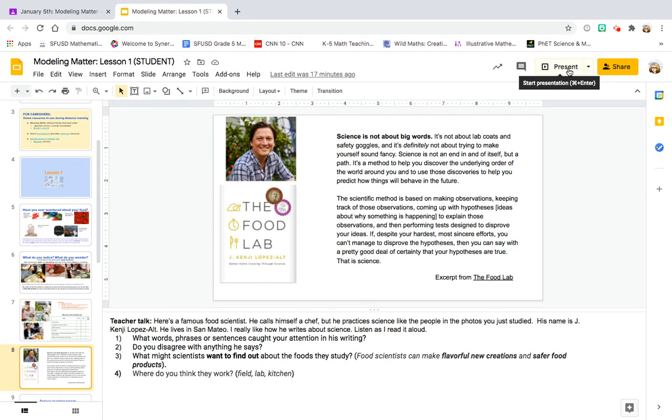What words or phrases or sentences caught your attention in his writing? For me, I liked how he said it's not about lab coats and safety goggles, and it's not about making yourself sound fancy. I like how he described it as making discoveries and using those discoveries to help you predict how things behave.